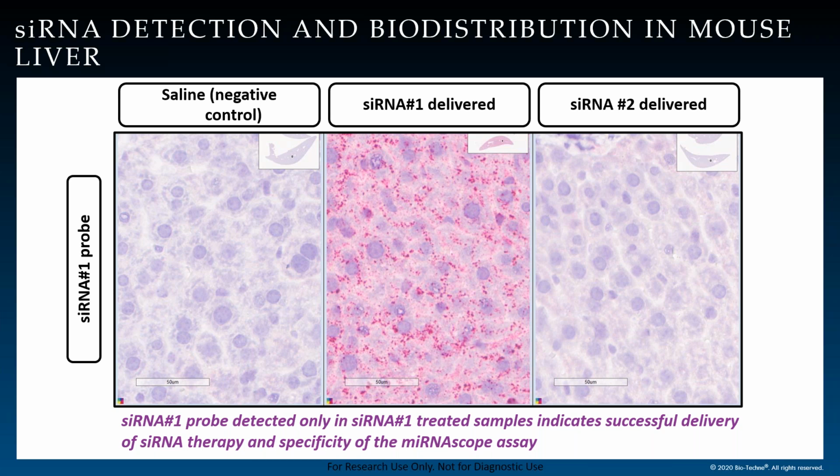You can also examine the stability of siRNAs after a dose, increasing dosage or titration of a particular siRNA. And also you can study the impact of this particular siRNA as a function of the target that you were focusing on. So there are multiple applications for miRNAscope in terms of siRNA detection.